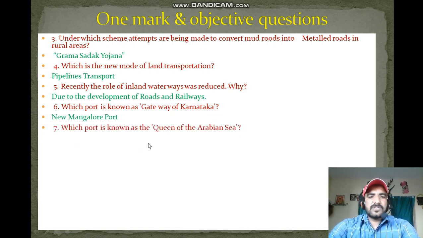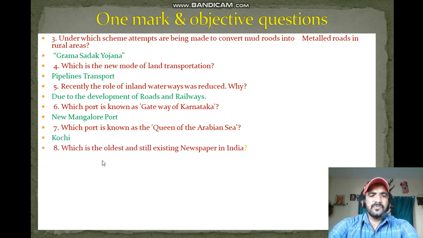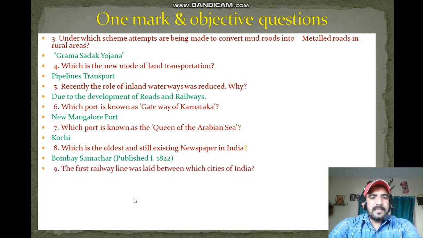Next, which port is known as the Queen of the Arabian Sea? That is Kochi port. Next one, which is the oldest and still existing newspaper in India? That is Bombay Samachar. It was published in 1822. Next one, the first railway line was laid between which cities of India?